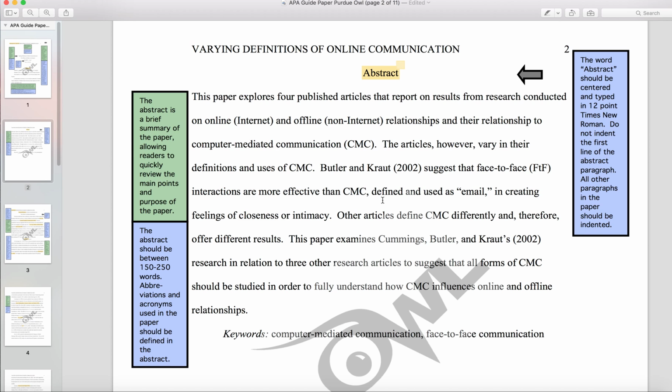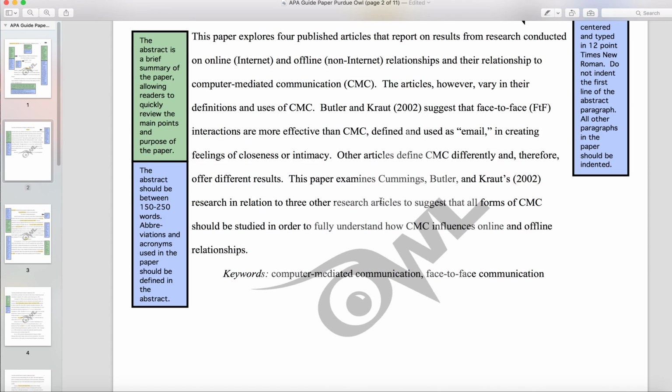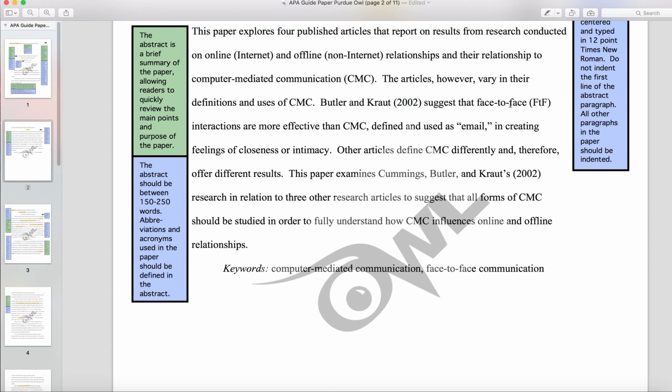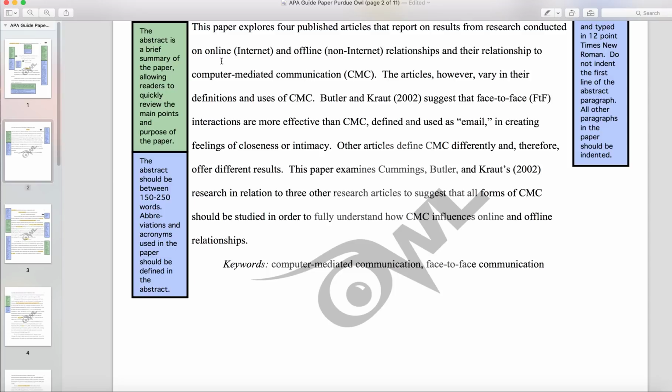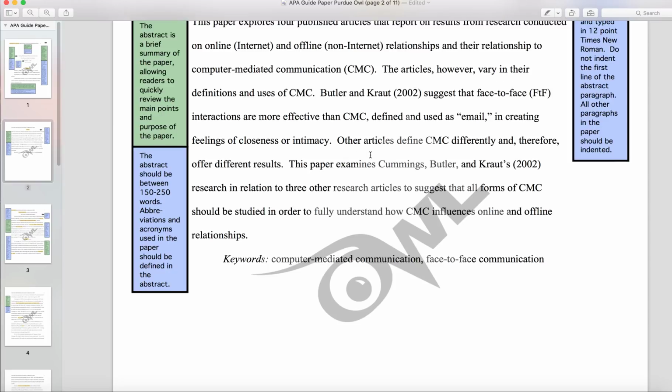Looking down through this, you can see where they use face to face. So FTF is now what they'll use for the rest of the paper. And once you use that, you can't go back to it. You've got to use it and keep it. I also don't want to see a long word like this used over and over for however many pages we make the paper.